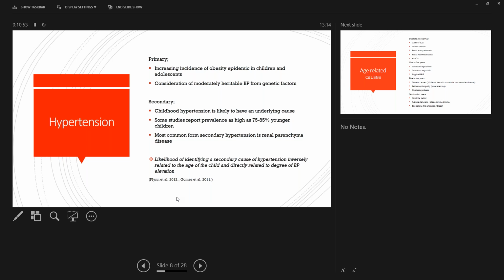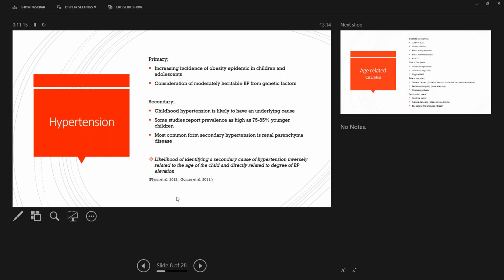The majority of childhood hypertension is likely to have an underlying cause. A lot of studies report prevalence as high as 75 to 85% of younger children will have a secondary cause to their hypertension. The most common form of secondary hypertension is renal parenchymal disease, which we'll go into later in this presentation.